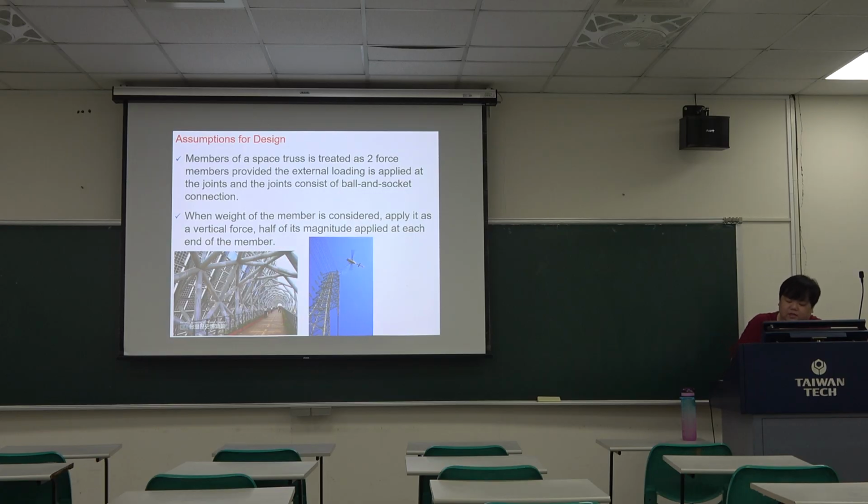Members of a space truss are treated as two-force members, provided the external loading is applied to the joints, and the joints consist of ball and socket connections. When the weight of the member is considered, apply it as a vertical force, half of its magnitude applied at each end of the member.